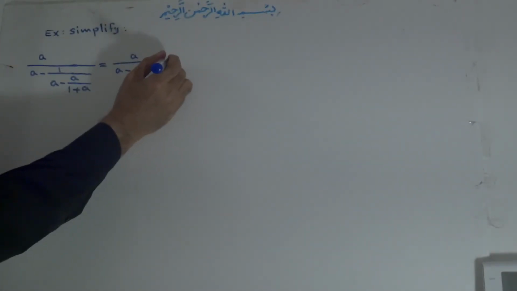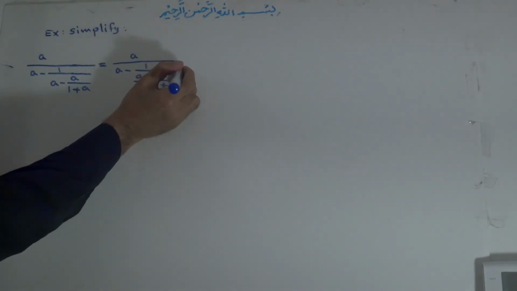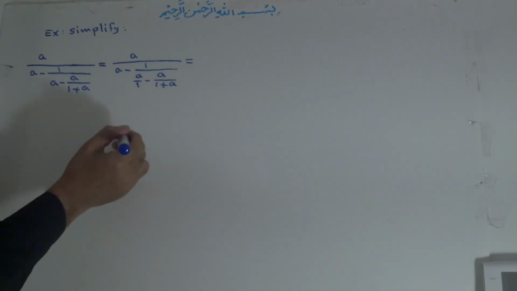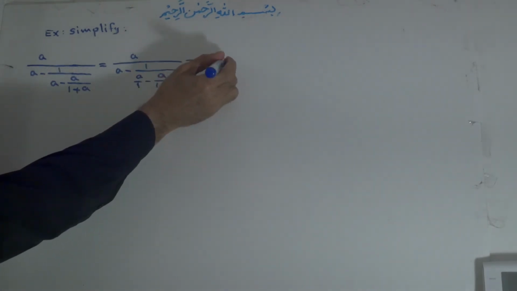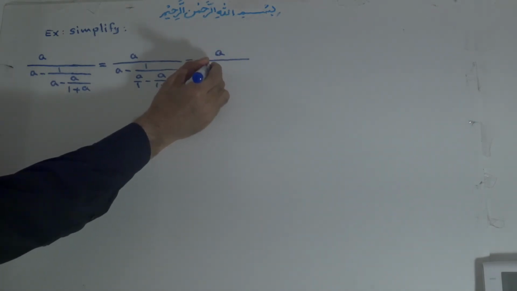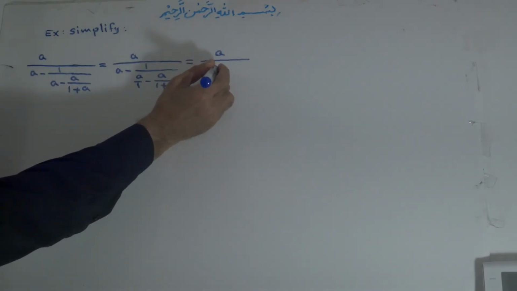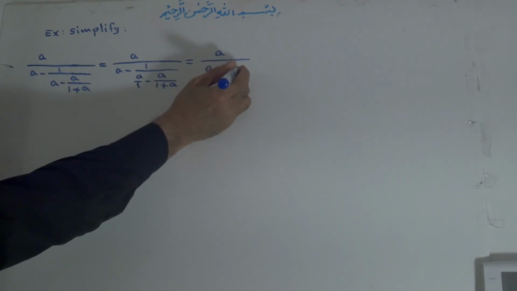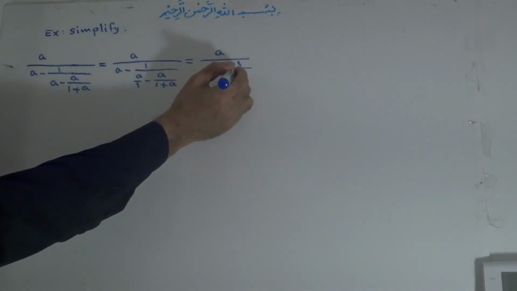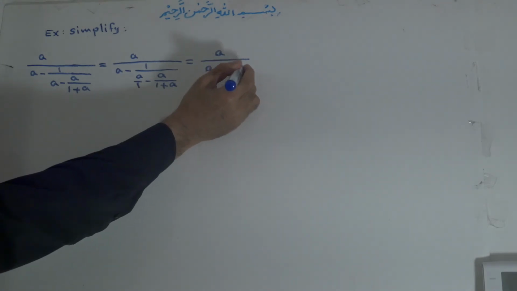Now what we do, we find the common denominator for this one. We write a over a minus 1 for this one.